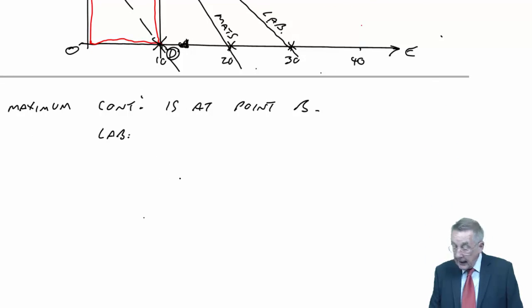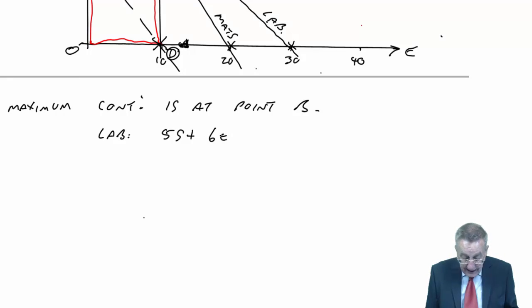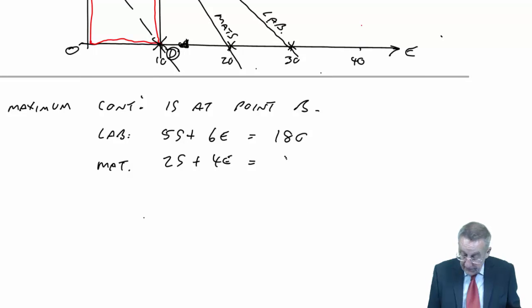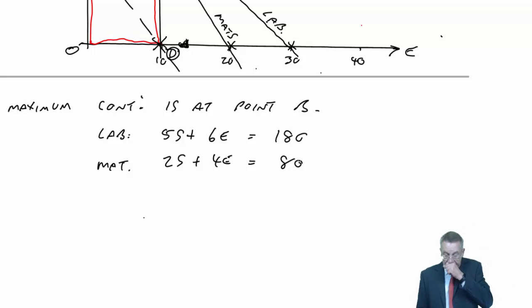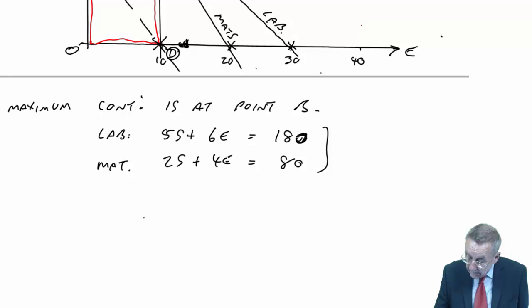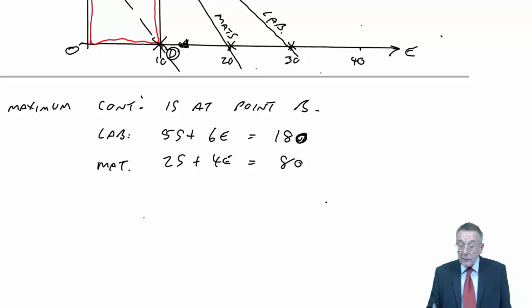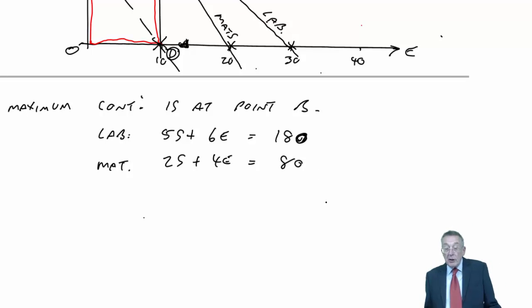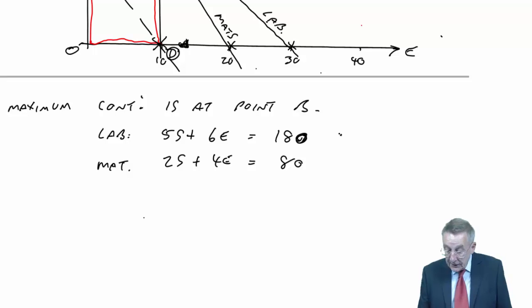So the labour line was 5S plus 6E equals 180. The materials line, 2S plus 4E equals 80. It's where those two lines cross, and so you've got to make sure you're able to solve two lines together.